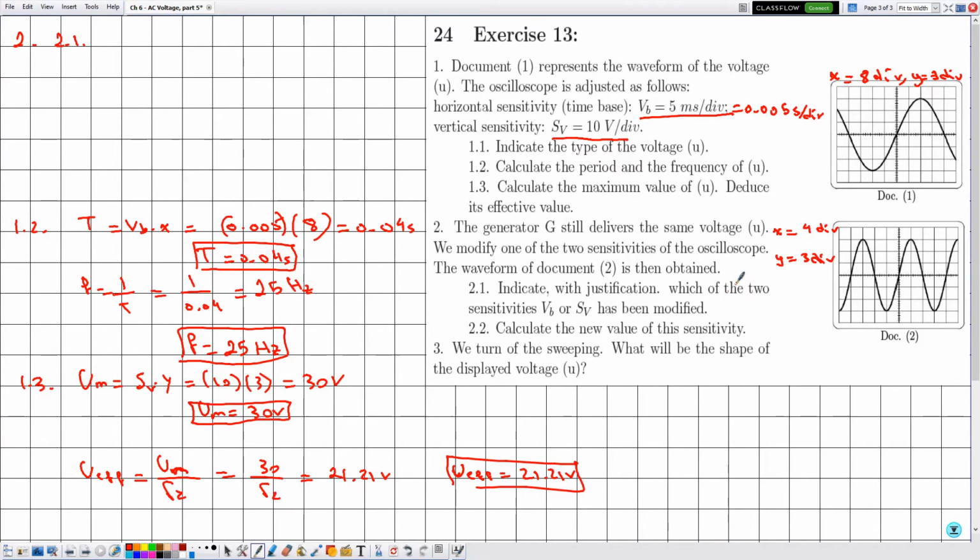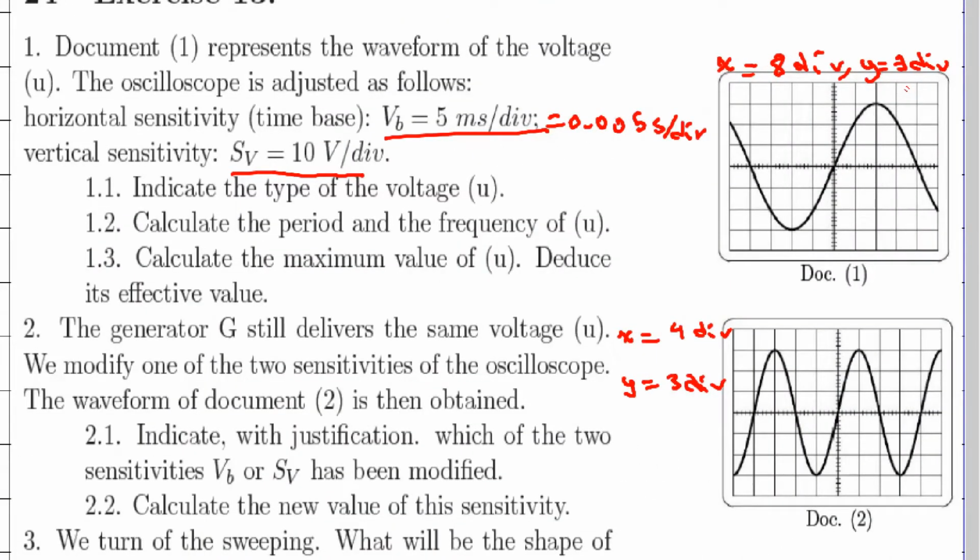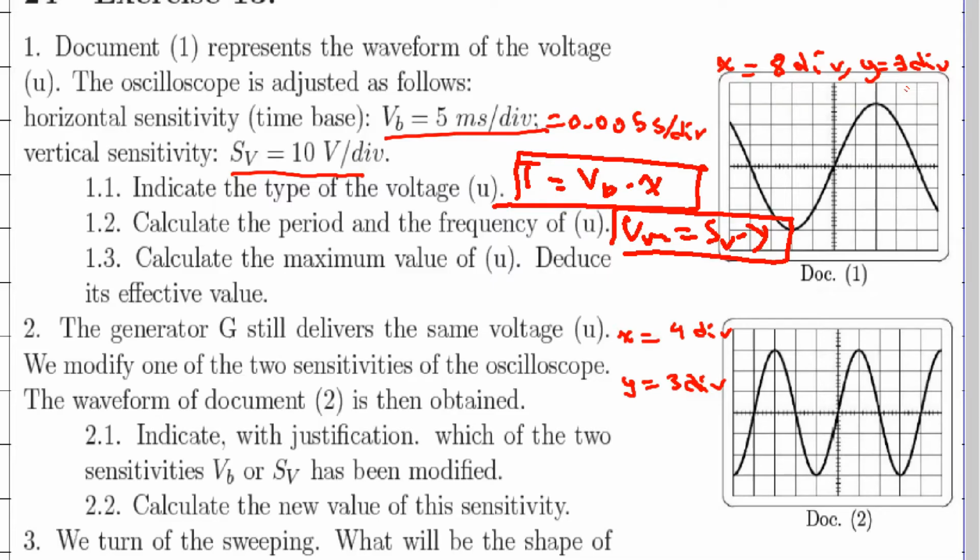Now if we look carefully here between the values, we know the formulas relating SV and VB: the period is given by VB multiplied by X, and the voltage is equal to SV multiplied by Y. Taking into consideration both formulas, notice that Y remained 3 divisions, but the value of X changes from 8 to 4.